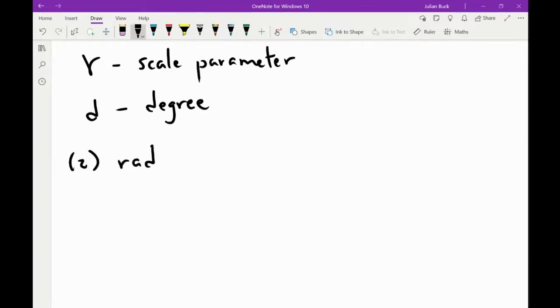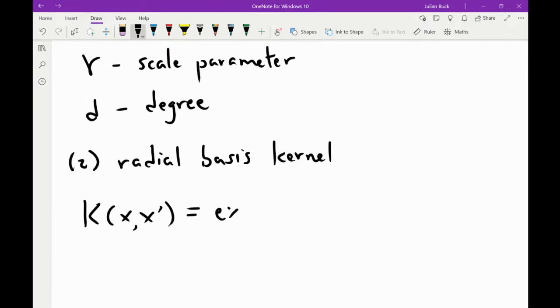The second is what's called the radial basis kernel, and this is the most common one to use. It's extremely flexible in terms of how well it works, which is nice. The radial basis kernel is k of x comma x prime equals exp, the natural exponential, of a parameter gamma times the norm of x minus x prime squared.